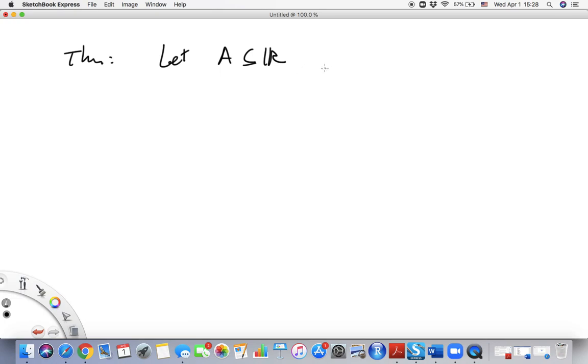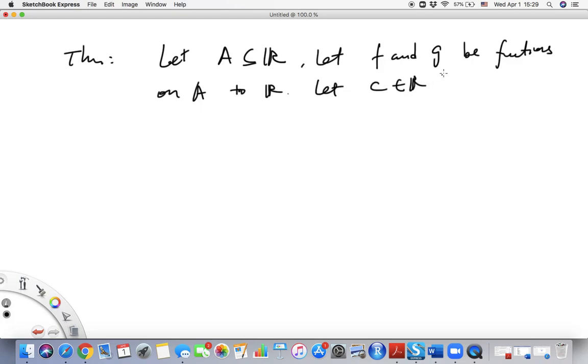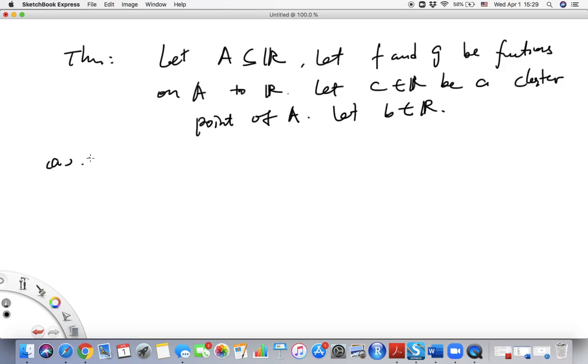So let A be a subset of R, and let f and g be functions from A to R, and let C in R be a cluster point of A. Let's say the limit as x goes to C of f is equal to L, and the limit as x goes to C of g is equal to M.